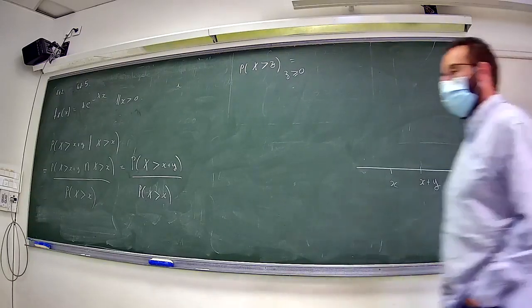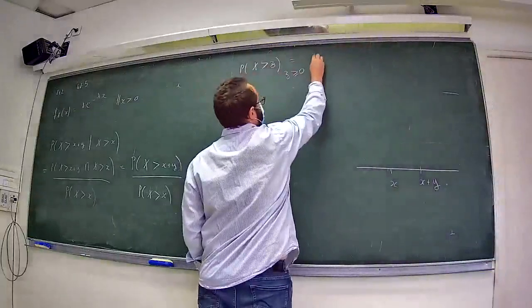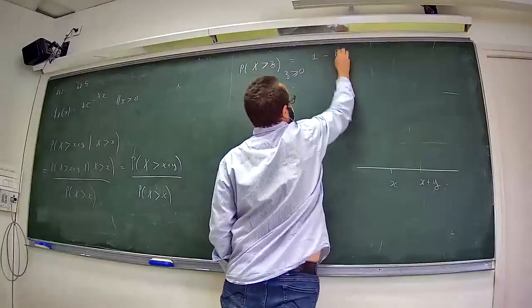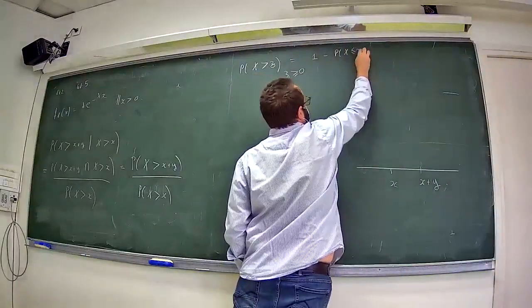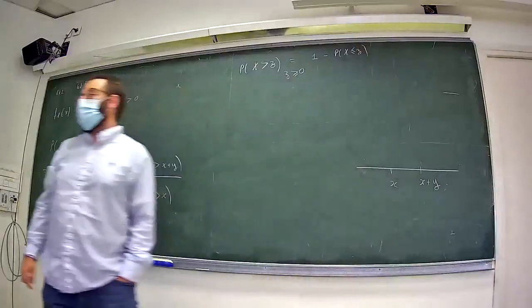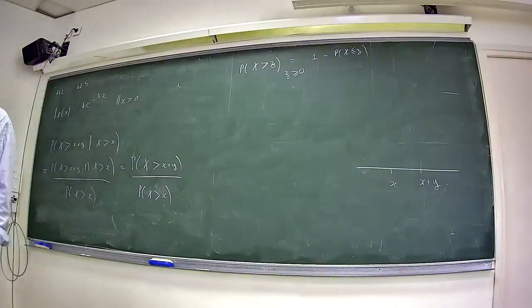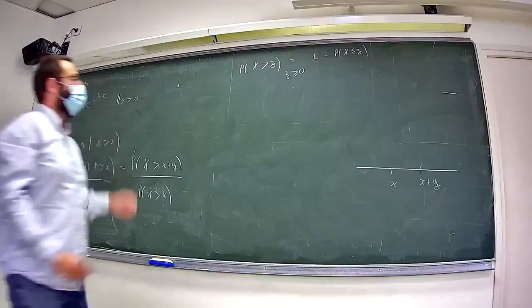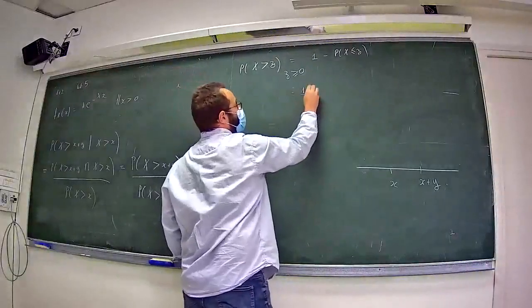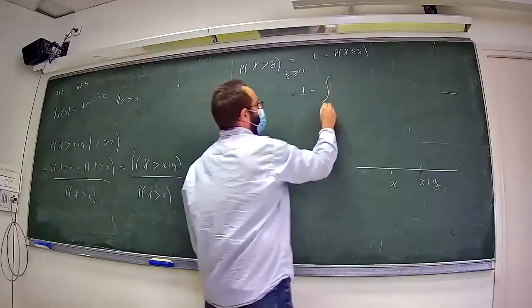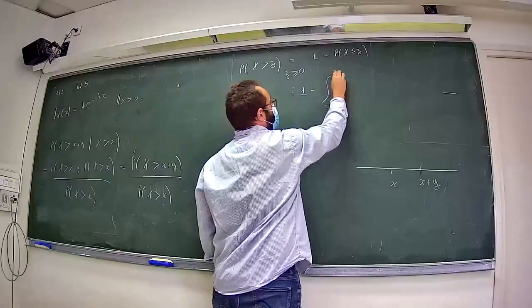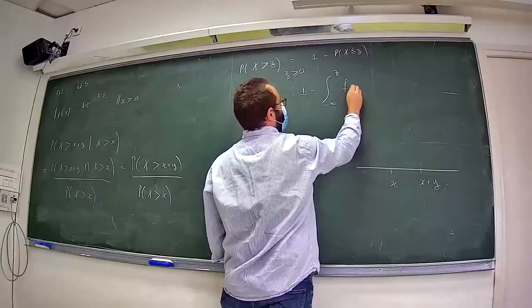If you want, you have several possibilities. You can write 1 minus the probability that X is less than z, and you make the distribution function appear, and you know, since you have the density, that in this situation you obtain this one.